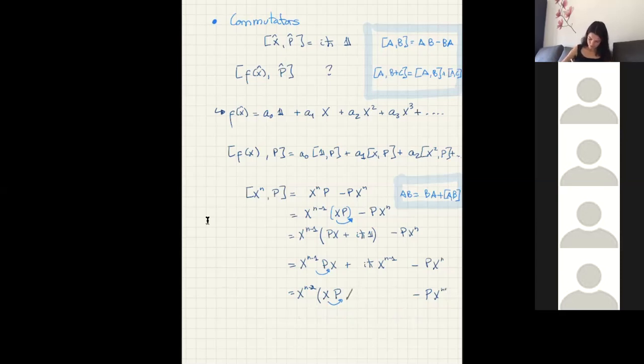So let's put here the x already. Let's do it like this and I'll try to be clever. Okay. So now here you have px plus iℏ, x, plus iℏ x^(n-1).